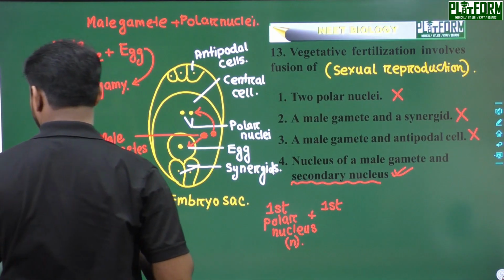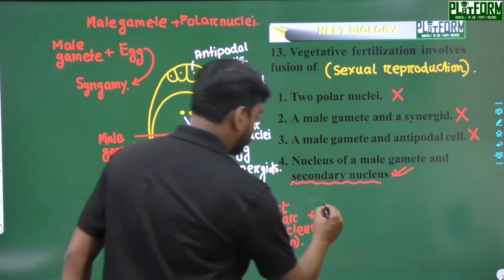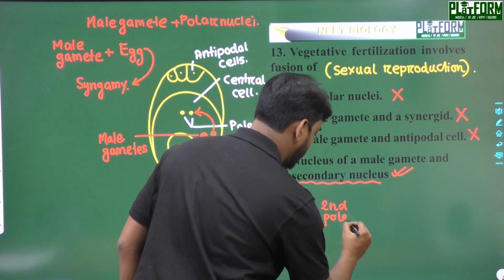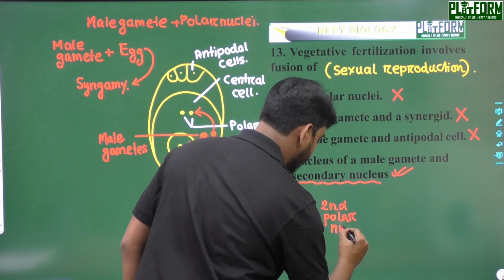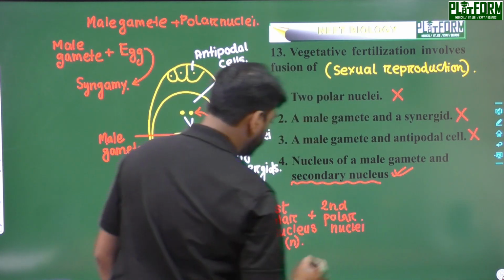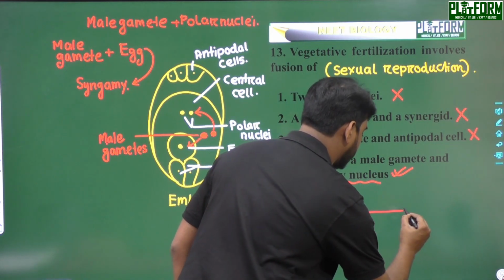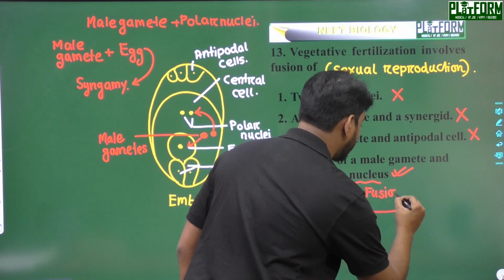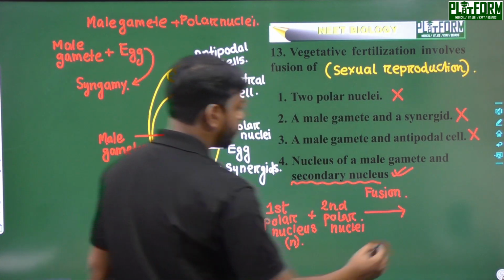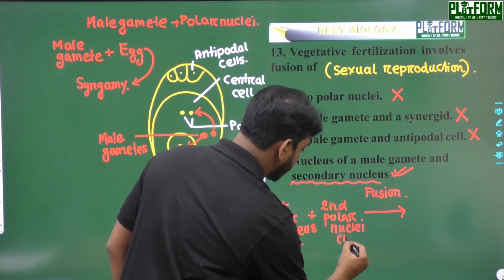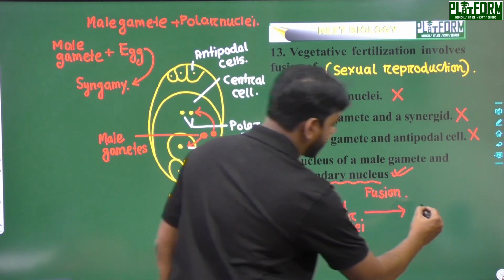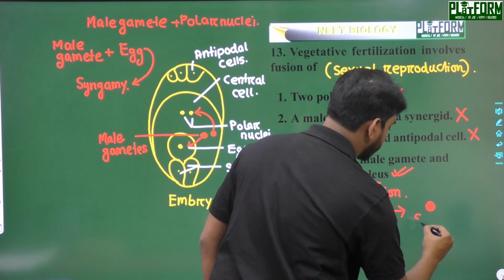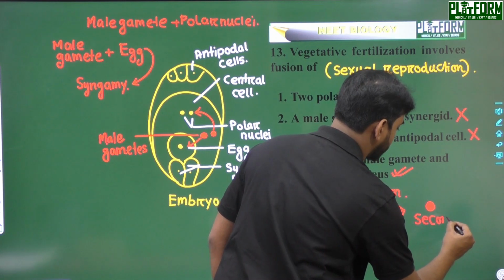This one is the first polar nucleus, and this one is the second polar nucleus. These two polar nuclei get fused to form, this one is N, this is another N. So these two N get fused to form a large size nucleus that's known as the secondary nucleus.